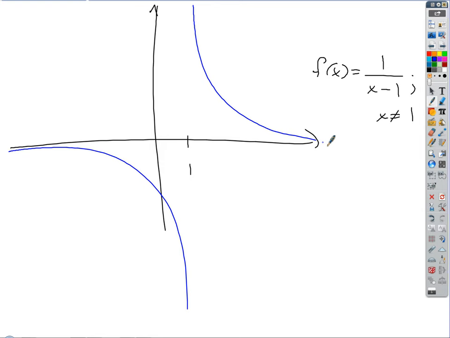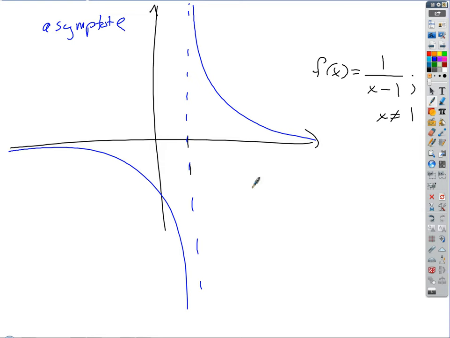How far up does it go there? Infinite. Yeah. Okay, so remember what we call that? Asymptote, yeah. So we've got a vertical asymptote at x equals 1, infinite division in the function, right?